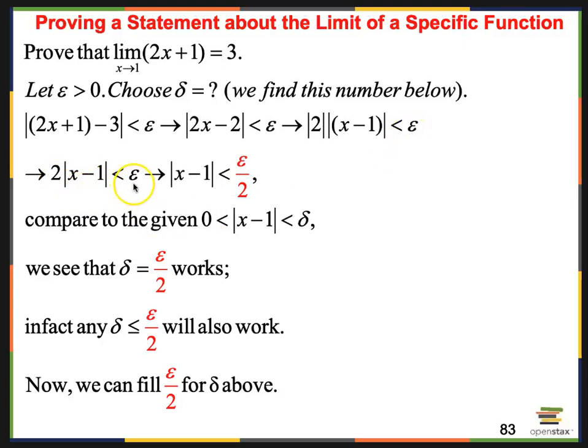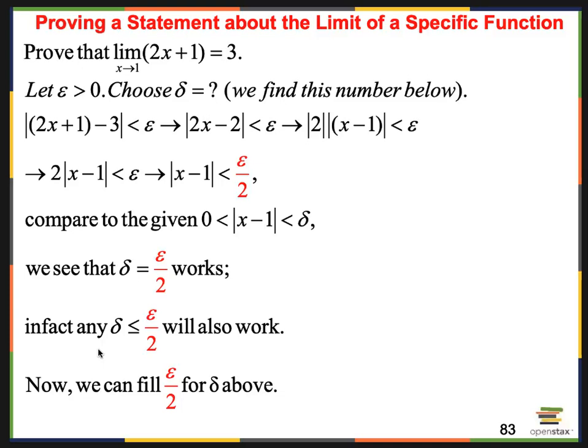And then divide by 2. We're going to get that absolute value by itself. And compared to the given, we have x minus 1, the absolute value of that is between 0 and delta. We see that delta equals epsilon over 2. That works. In fact, any delta less than or equal to epsilon over 2 will also work. So we found the largest value that will work.